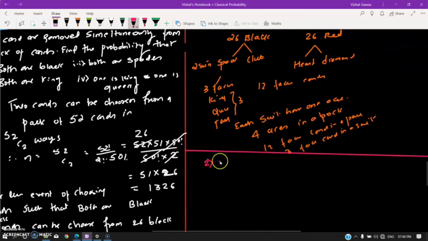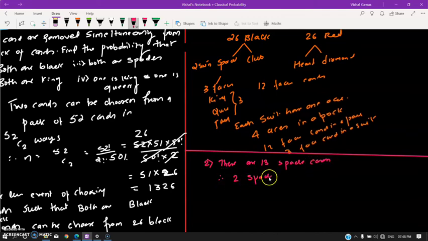What I want to do is choose both spades. First of all, there are 13 spades. Therefore, two spade cards can be chosen from 13 spade cards in 13C2 ways.